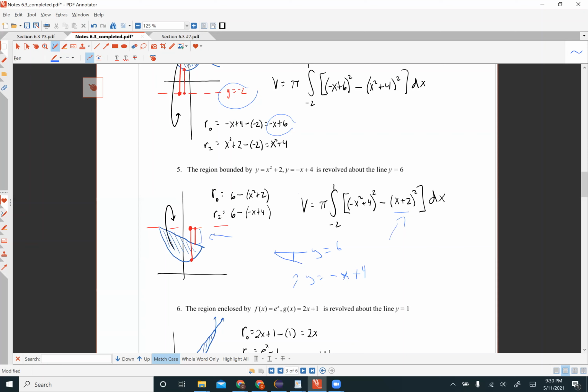And then the distance of x squared plus 2 from the line y equals 6. We know it's 6 minus... So if we go from this red point all the way down to here, that would be 6, right? And we know that this height here is x squared plus 2.